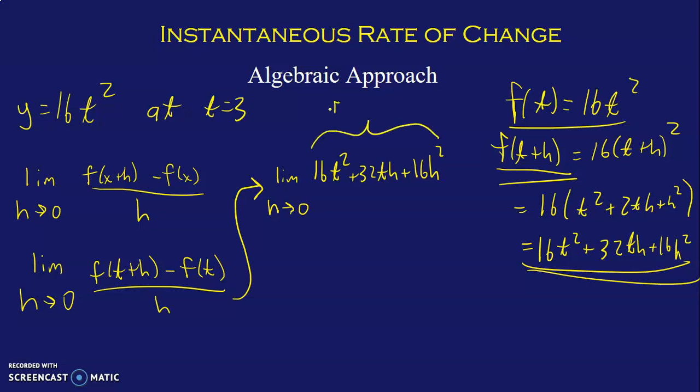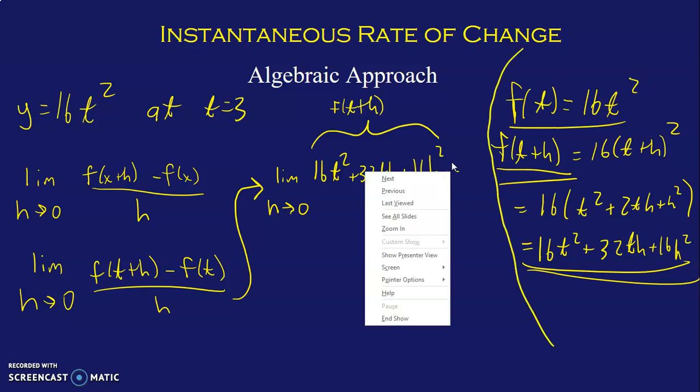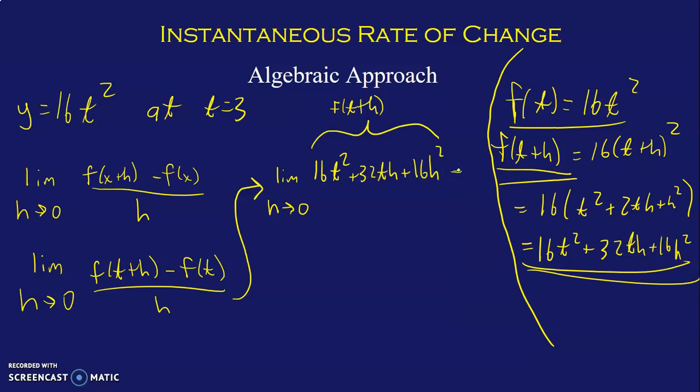That whole thing is f of t plus h, minus f of t, which is 16t squared. That's my f of t. Whole thing divided by h. So whenever I have a limit, I want to see if I can just plug in h. Now the problem is I'd be dividing by 0, so I can't plug in h right now. So let's see if we can simplify.